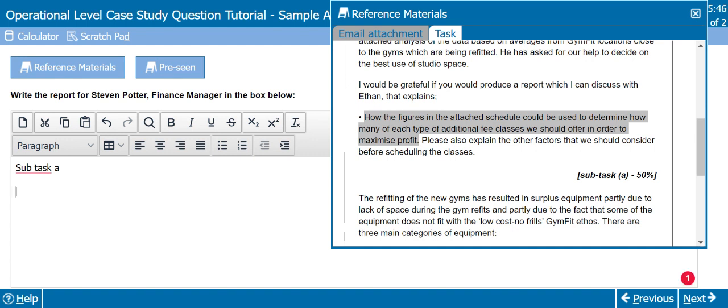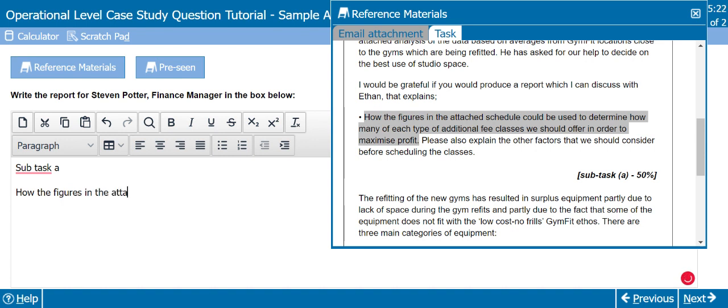So here it is asking about how the figures in the attachment schedule could be used to determine how many. So you do not need to type everything, right? Just be mindful and type it in a meaningful way. Okay. So maybe we can type how the figures. Don't worry about spellings, no?